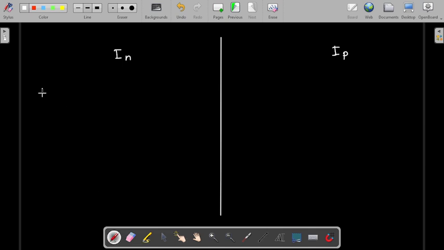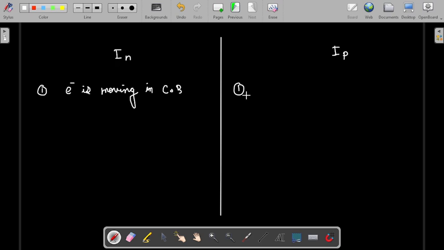So the first point is that an electron is moving in the conduction band. Electrons will always move in the conduction band. Opposite to that, the hole is moving in the valence band.